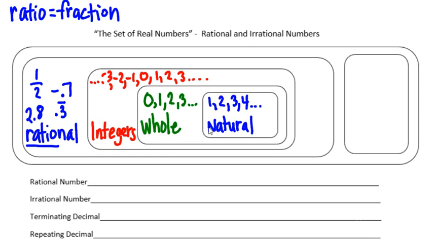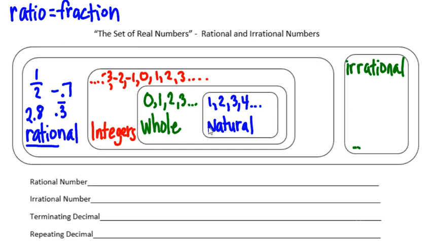But right now, we're going to finish with our little chart here. Coming over here to this other separate set, notice it doesn't cross over or intersect with the rational numbers at all. These are irrational numbers.